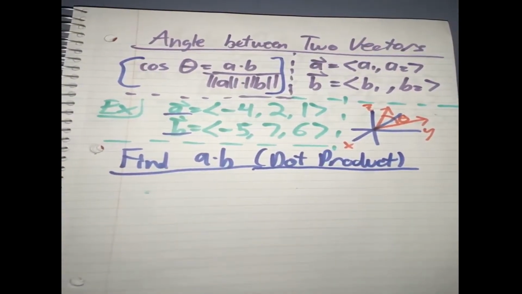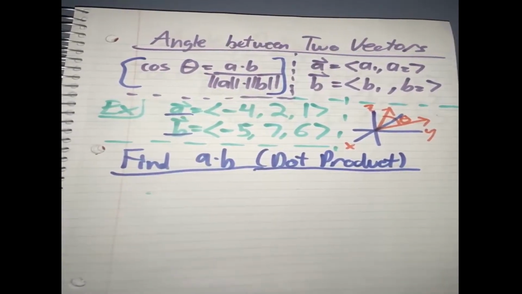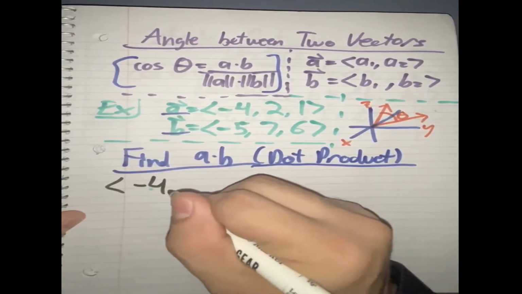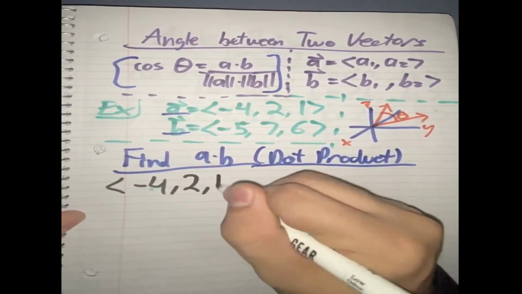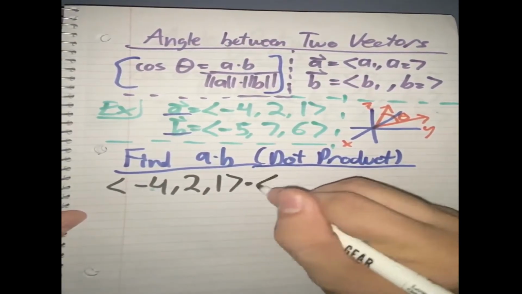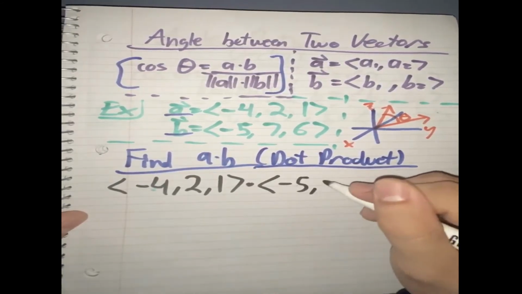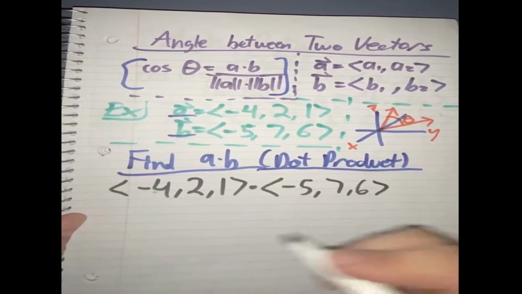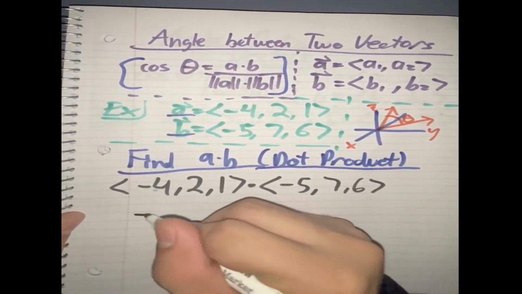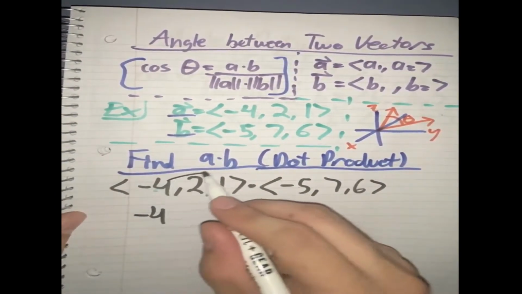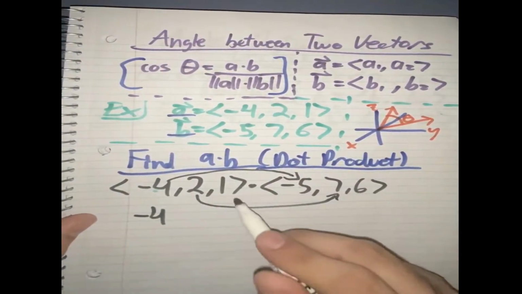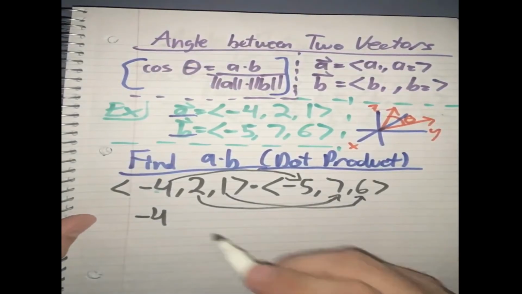To find the dot product, we multiply each element by its respective counterpart. So A is 4, 2, 1, dotted with B, which is -5, 7, 6. The 4 we dot with -5, the 2 we dot with 7, and the 1 we multiply with 6.